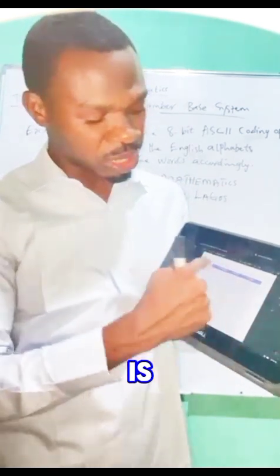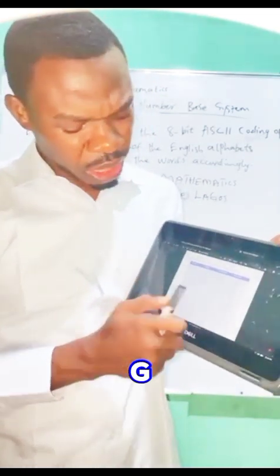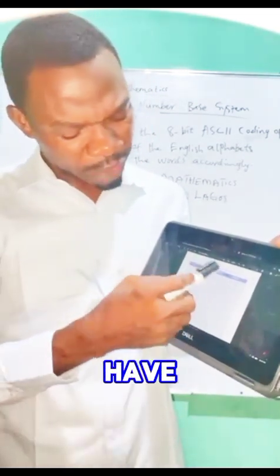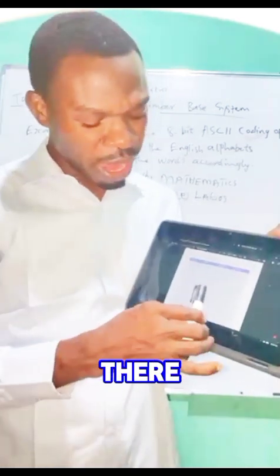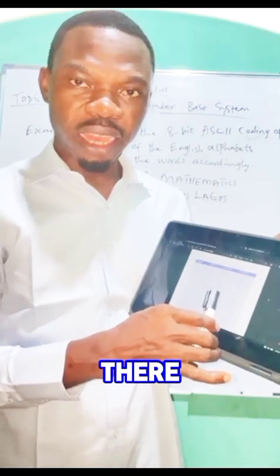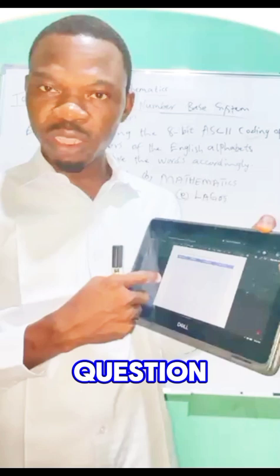So you look at the G, and you read it to where we have the 8-bit column. Any digit you see there, you write it out. That is how the question is being solved.